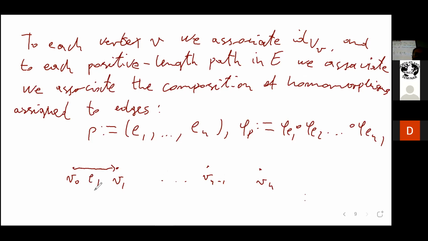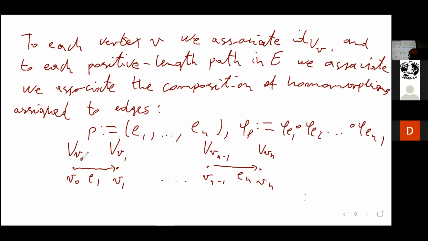This is E1 and this is En. But now I have here my vector spaces V_Vn, V_Vn minus 1, V_V1, and V_V0. Okay, remember the definition.